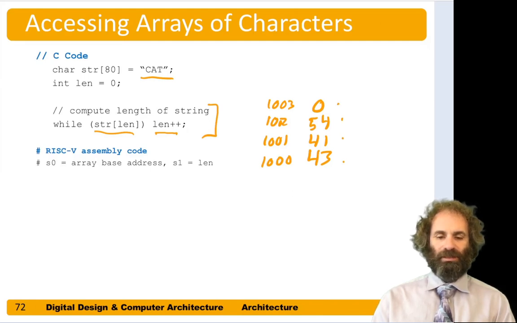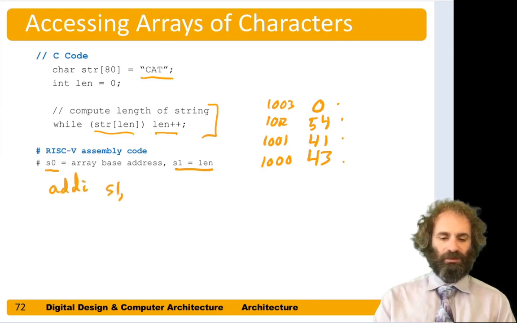Now length is 3, string of 3 is 0, so we leave the while loop. So here's some code to do that. Let's say that S0 already contained the base address of this array, and S1 is for length. So we're going to initialize length to 0: add I, S1 gets 0 plus 0.